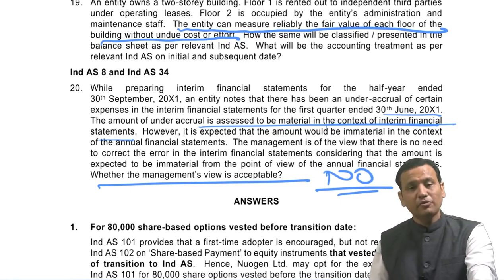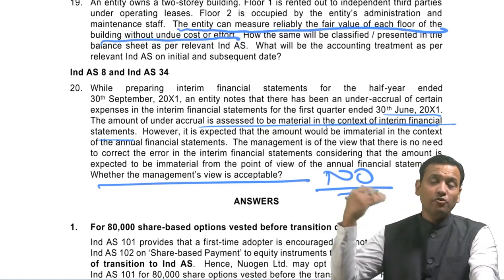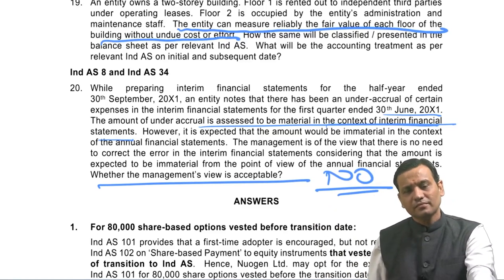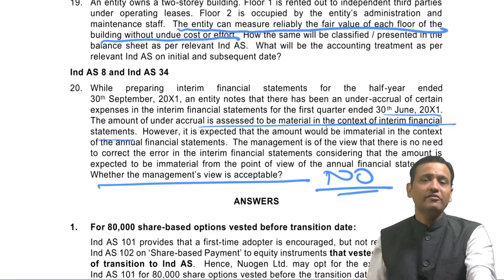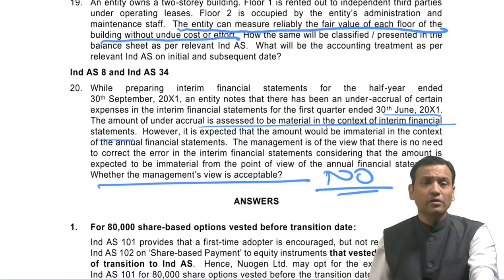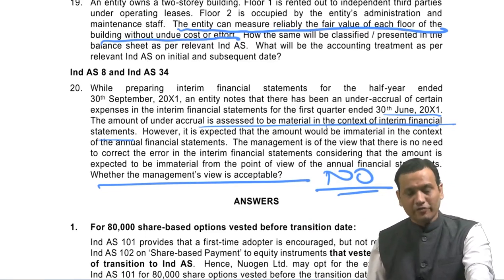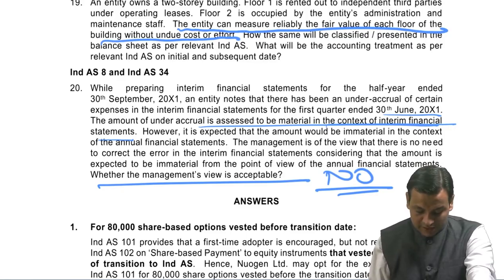At that point of time, you can't say that from the annual financial statements point of view the item is immaterial. We have to identify that item or amount based on interim financial statements and not annual financial statements. So obviously those material items have to be considered.